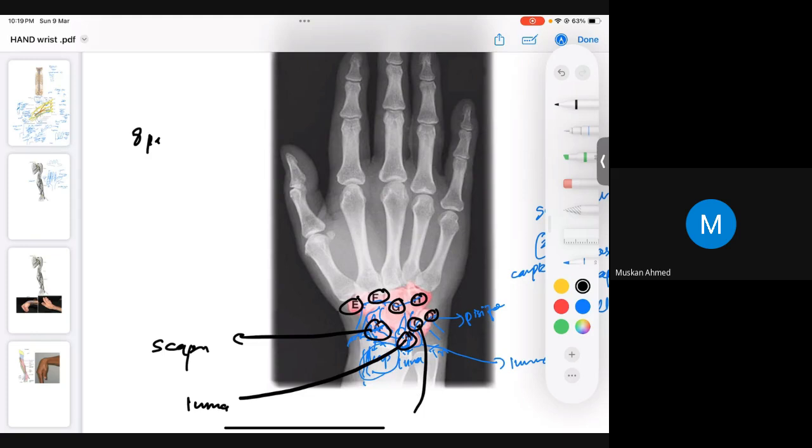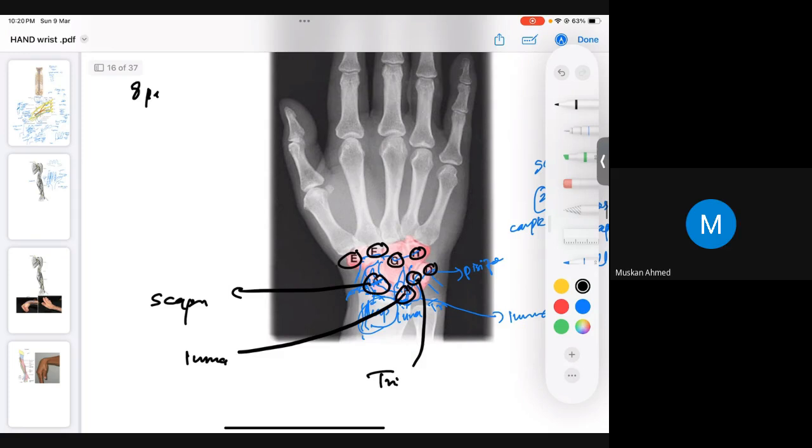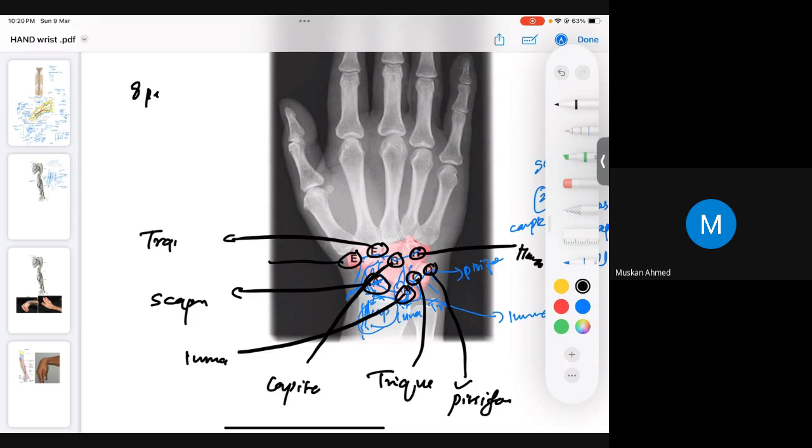What about pisiform? D is pisiform. H is hamate, perfect. G is capitate, perfect. F is trapezoid, and E is trapezium, the other way around.